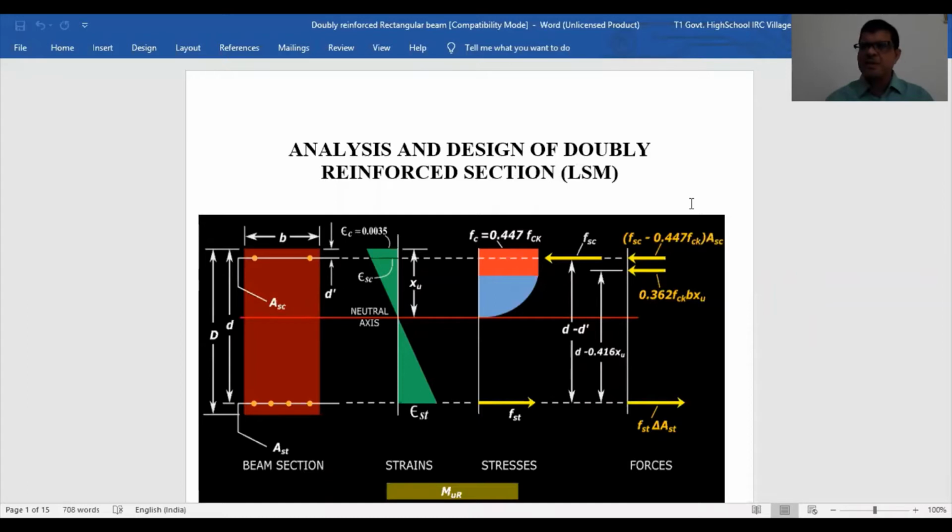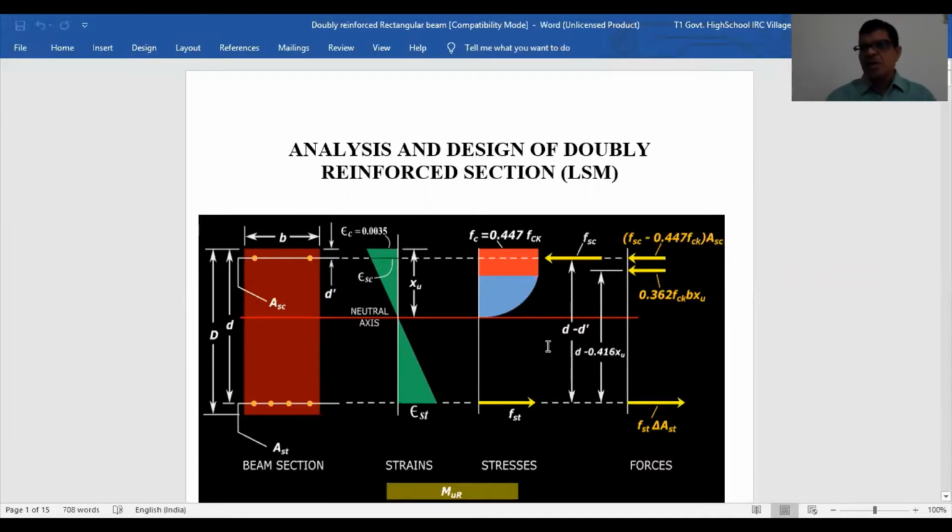When xu is greater than xu maximum, the capacity is less, and if the bending moment is more than this limiting capacity, then we have to go for doubly reinforced sections. The difference between Mu limiting and the applied bending moment, the moment of resistance of a singly reinforced section at the limiting case, will be taken as the bending moment for which steel is to be provided both in compression as well as in tension. So that is a doubly reinforced section.